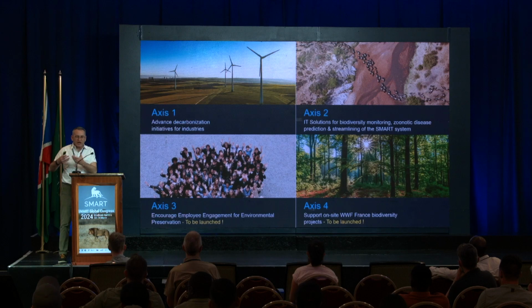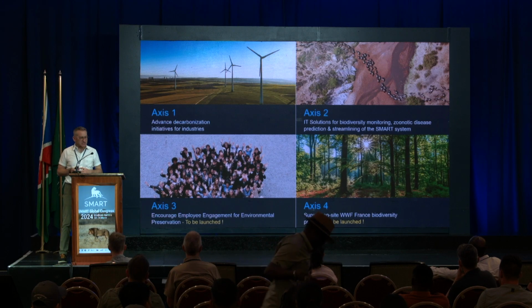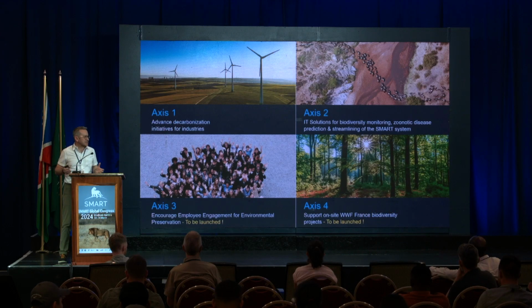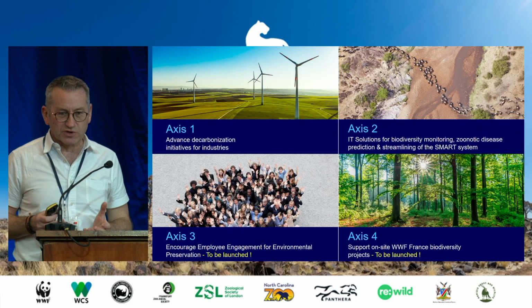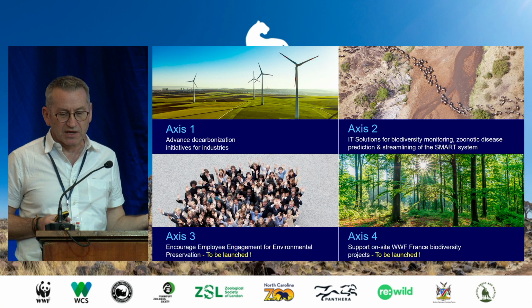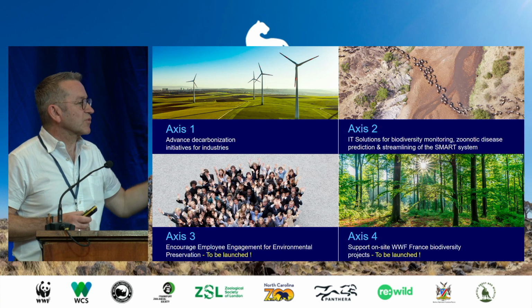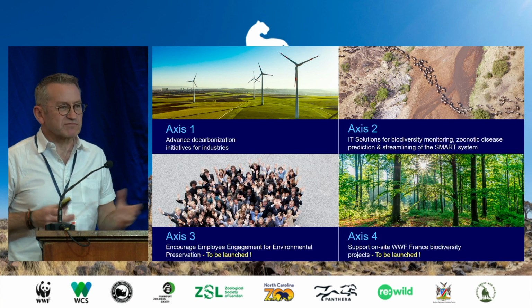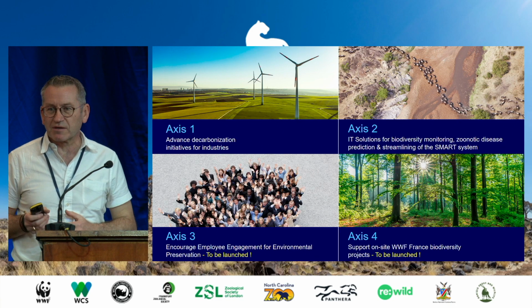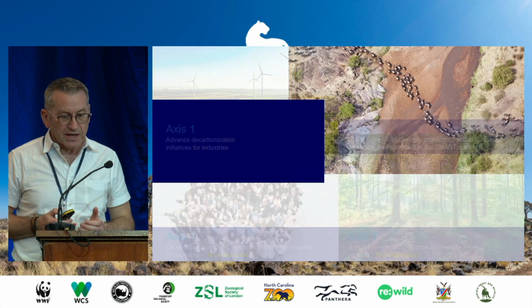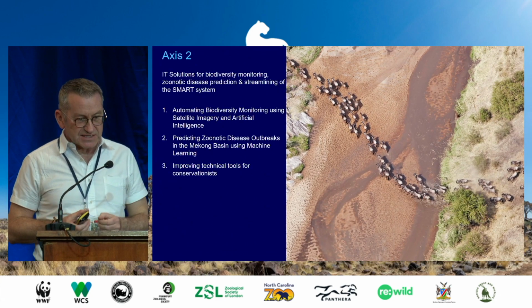Axis 3, we are seeking to engage all our own staff who are not conservationists, they're technologists, but trying to get them access to wildlife conservation organizations so they can spend a bit more of their time volunteering. And we're a French company, and so we've done some additional work with WWF France that I shall not be talking about. So my area is this Axis 2.